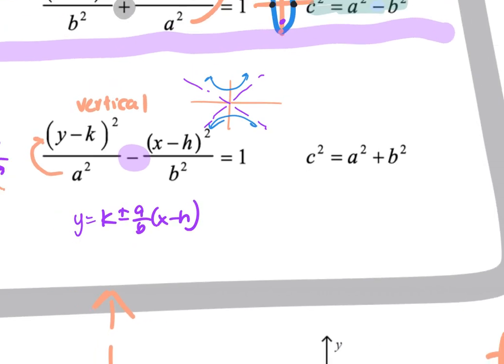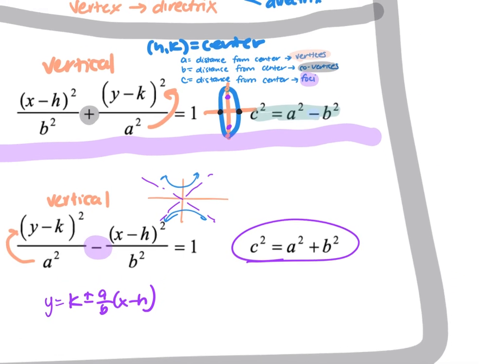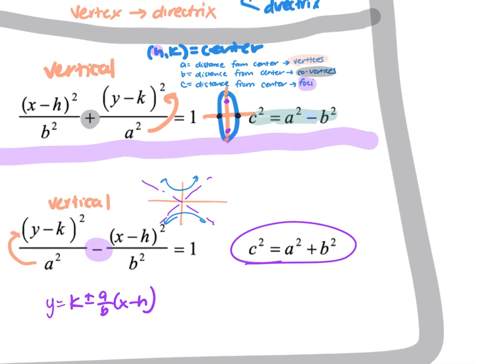And then the relationship between a, b, and c for a hyperbola is a squared plus b squared. All of the stuff about an ellipse and ABC is true for a hyperbola. HK is your center. A is the distance from the center to the vertices. B is the distance from the center to the co-vertices.